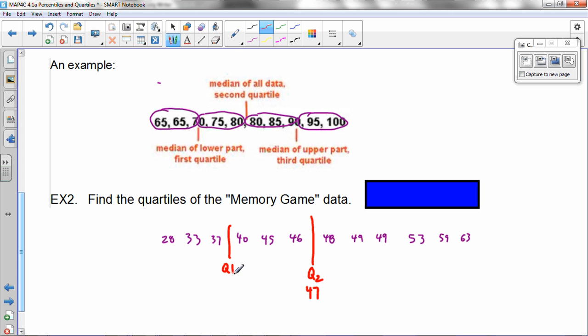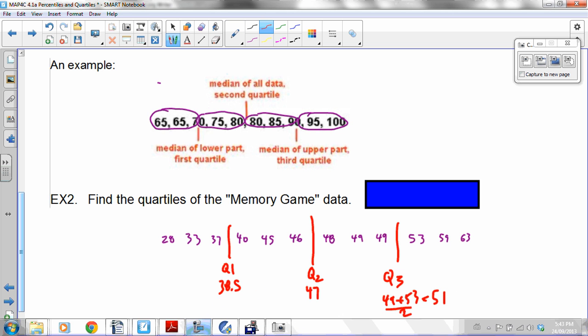That's Q1, and that was 38.5. And the median of the second half of the data, if I cover this up, is right here. 3 and 3. I can see in this set of data, 3 pieces of data in each quartile. And this is 49 plus 53 divided by 2, 51. And there are the quartile cutoffs.